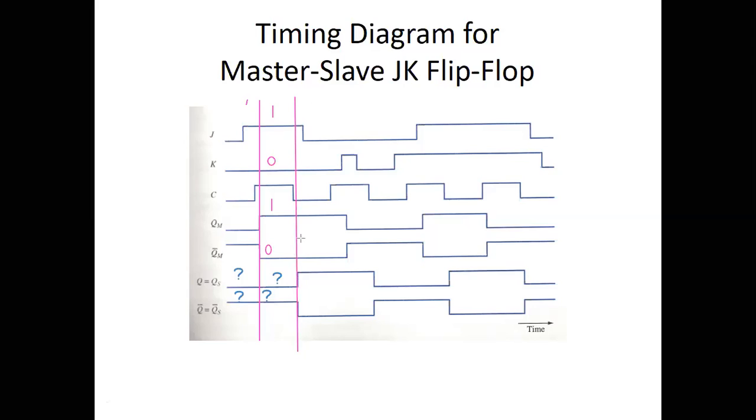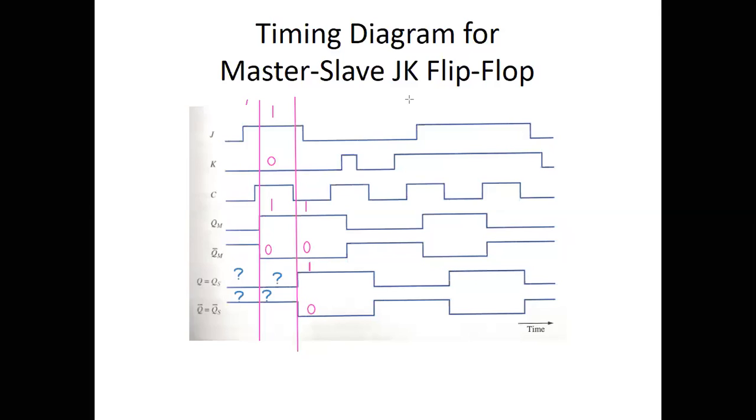The output of the master will act as the input to the slave. Here you can see QM is 1 and QM bar is 0. That indicates that J of the slave will be 1 and K of the slave will be 1. Therefore, Q of the slave will be 1 and Q bar of the slave is 0.